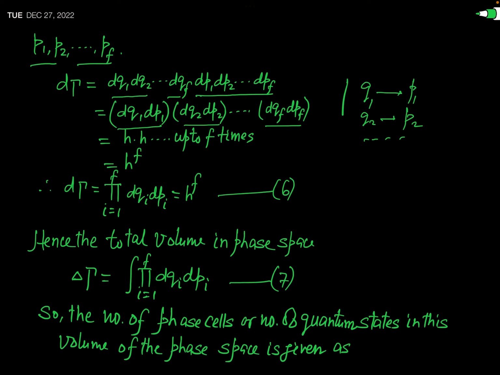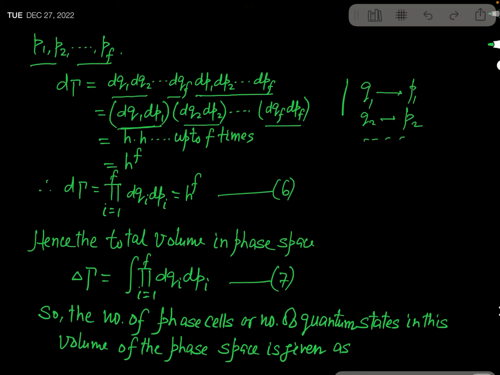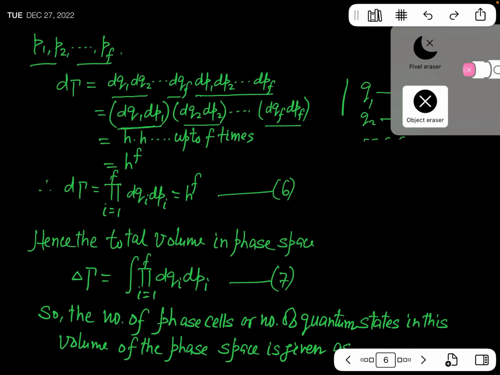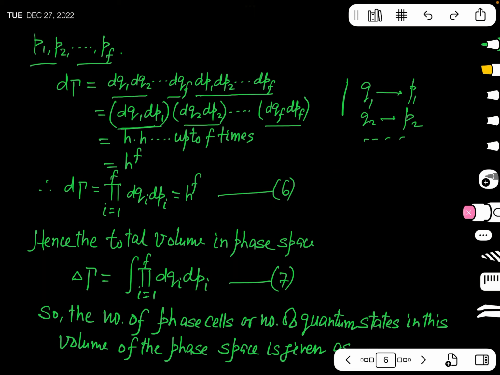According to the Heisenberg uncertainty principle, the product dq1 dp1 will be greater than or equal to h, so you may use the sign of greater than or equal to here.